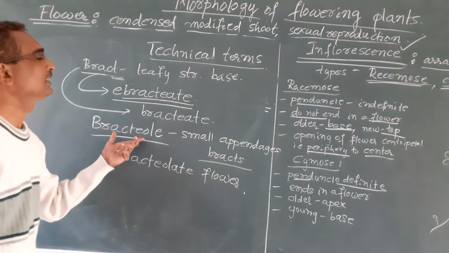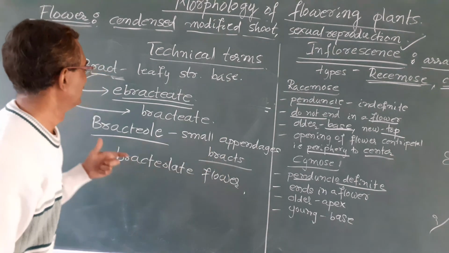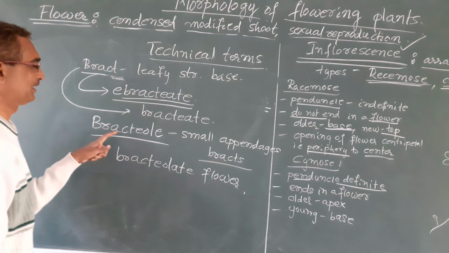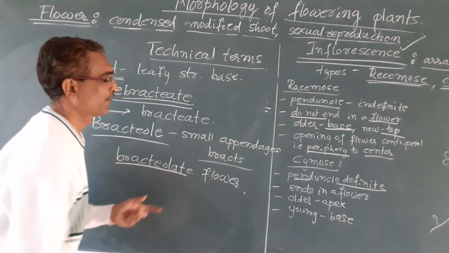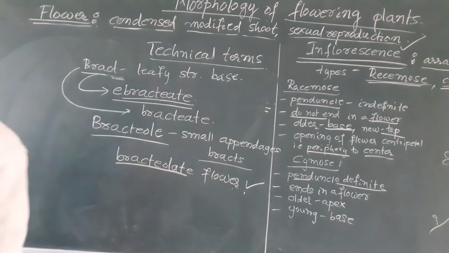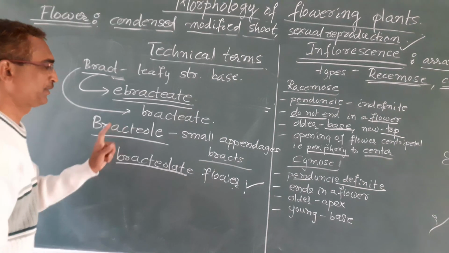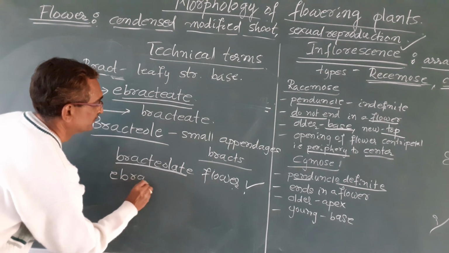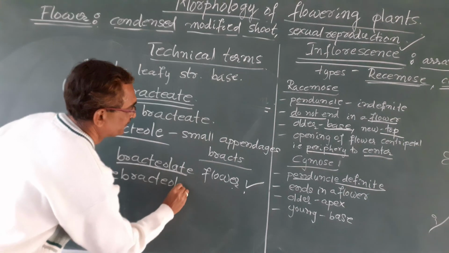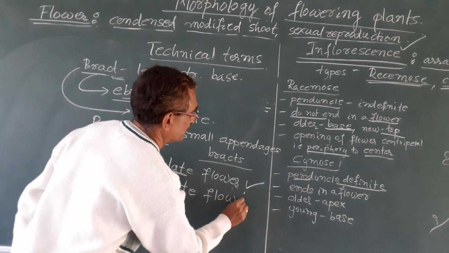Okay, so bracteole is a small appendage which is present on the bract, and the flowers which are having these bracteoles are called bracteolate flowers. And the flowers which are not having this bracteole are called ebracteolate flowers.